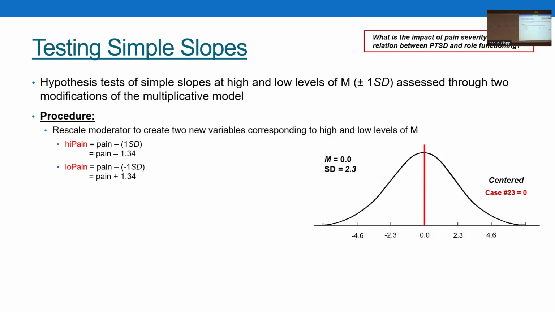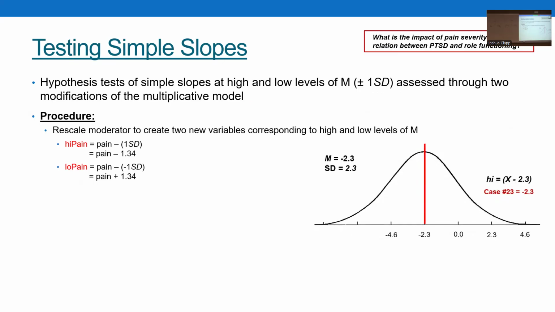So here we've got centered pain, okay? Mean is 0, standard deviation is 2.3. And we've got, we'll say, Jack, your case number 23, you're right at 0 right here. Okay. Let's say I recalculate, rescale this for my high pain variable. What I'm going to do is subtract 1.34 for every value in my set.